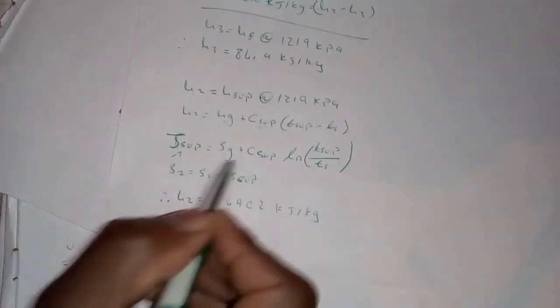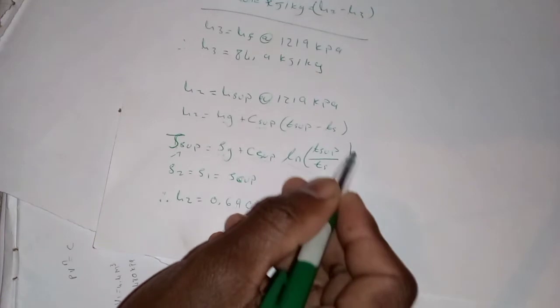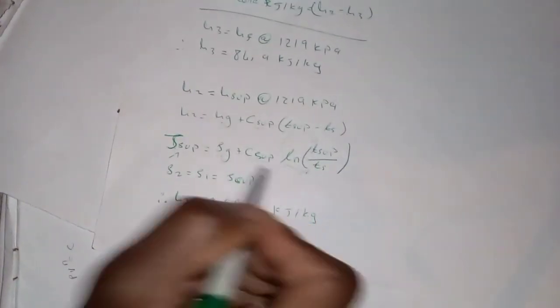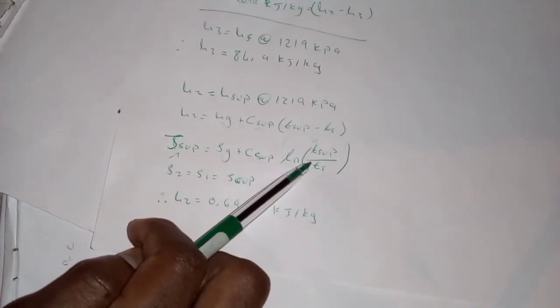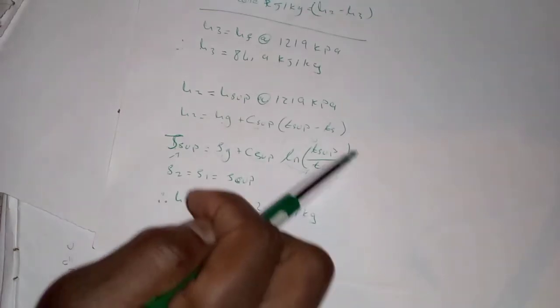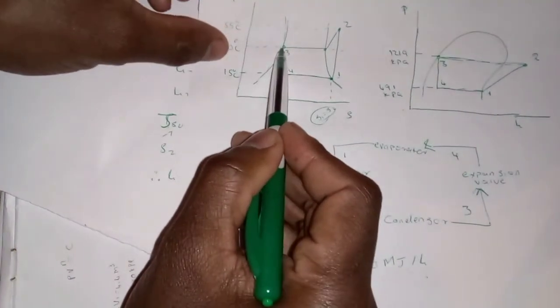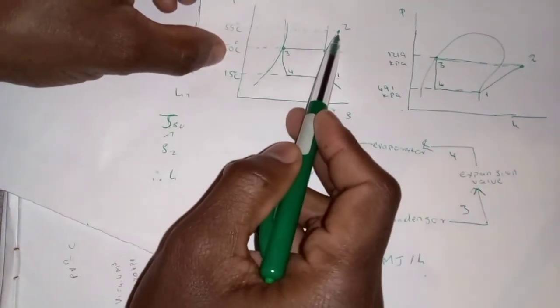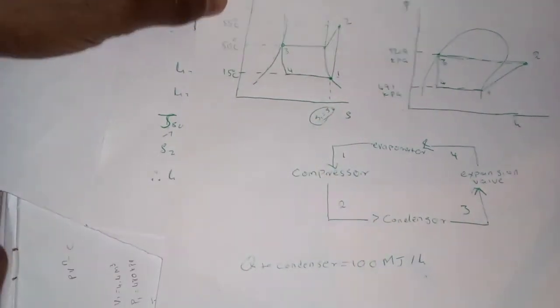We now have S sup, we have Sg. This we'll get from the table. We want to get the T sup and the saturation temperature. And mind you, here we put the SI unit for our temperature in this formula. This part should be kelvins. According to our diagrams, we have the saturation temperature, which is 50, and the temperature for superheated steam as 55. So we first need to convert them to kelvins.